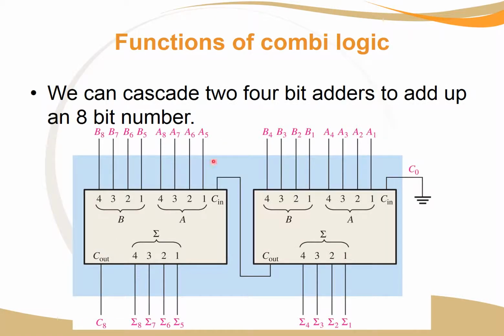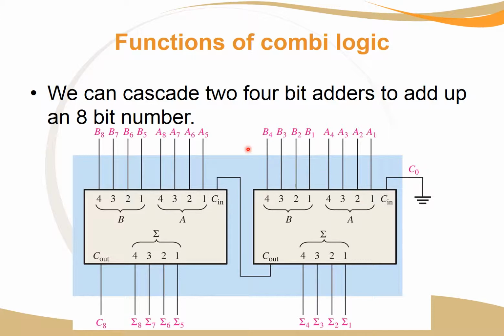So if we want to add two 8-bit numbers, this is how we would wire the 2 ICs. Very important: the first carry we wire to ground, which means that it's a 0 because there's no previous carry.